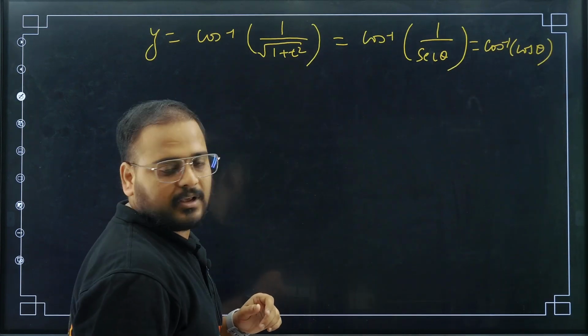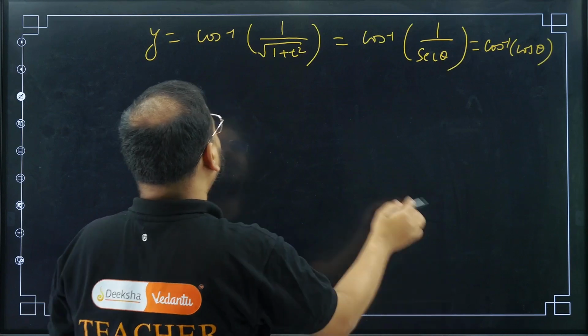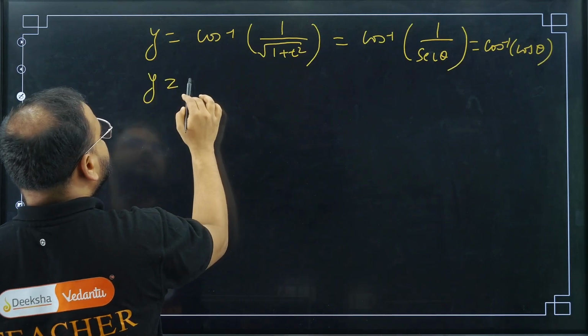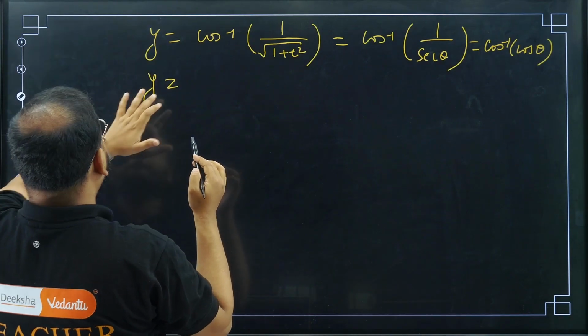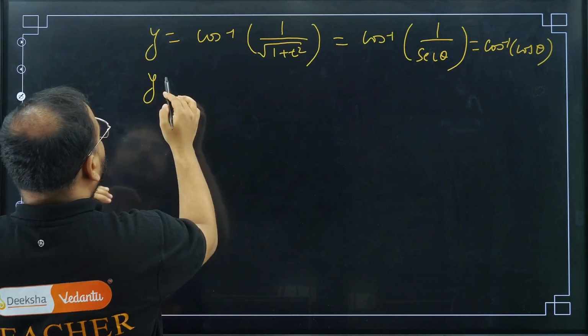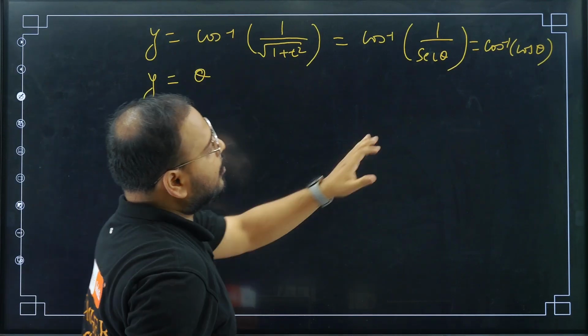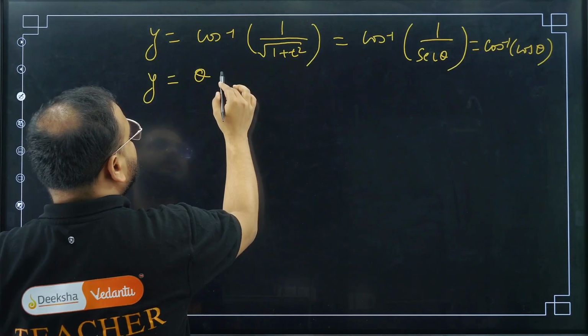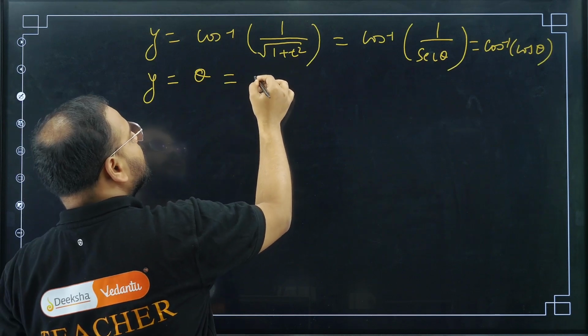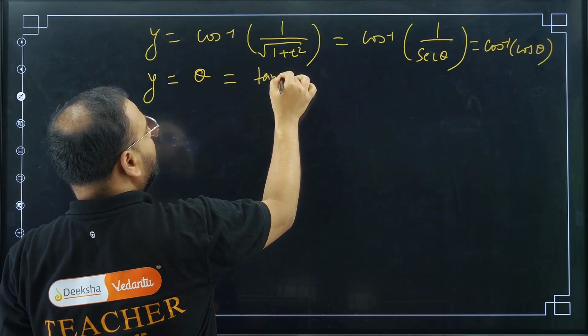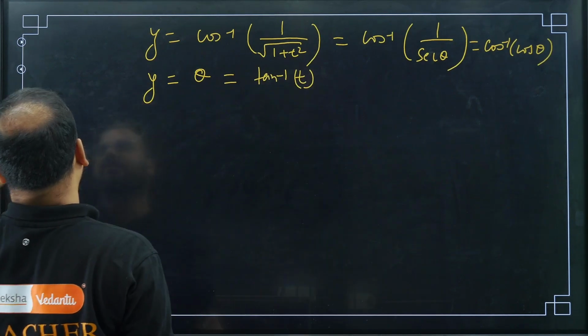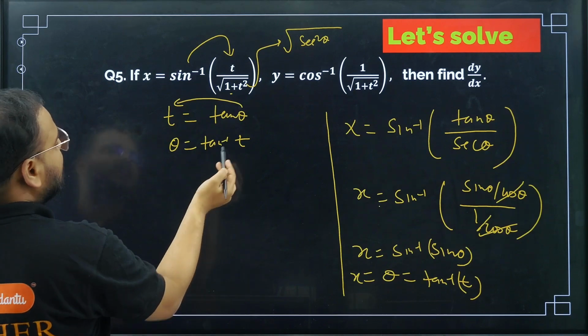So I get my y as theta, since cos inverse of cos theta is theta. And theta is going to be tan inverse of t.